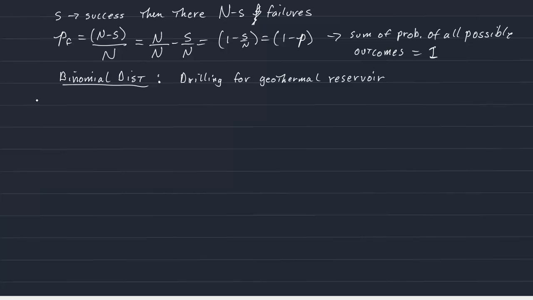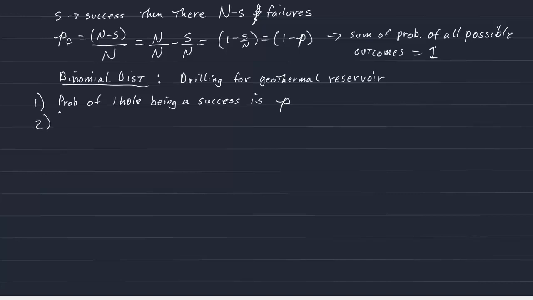Let's say that if we drill one hole, the probability of one hole being successful is little p.